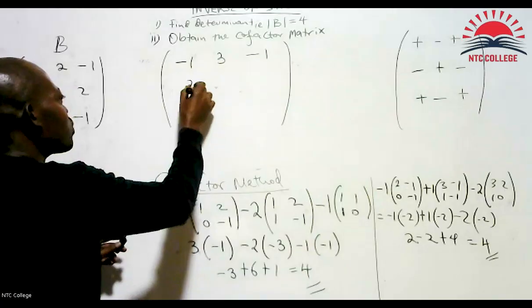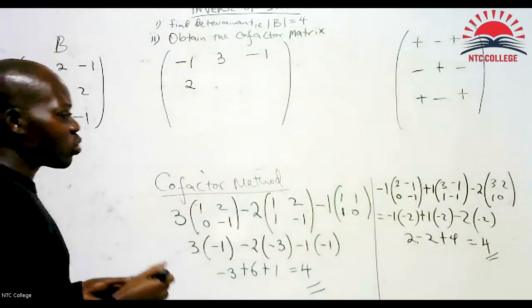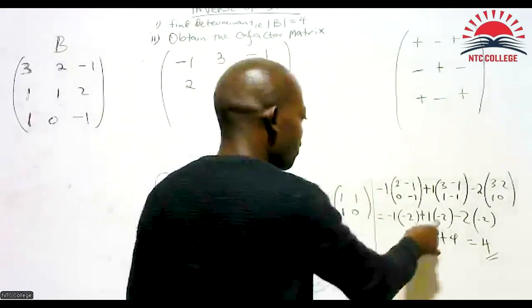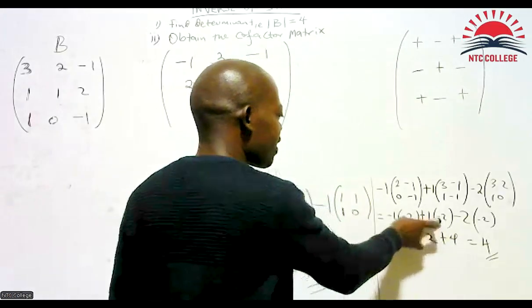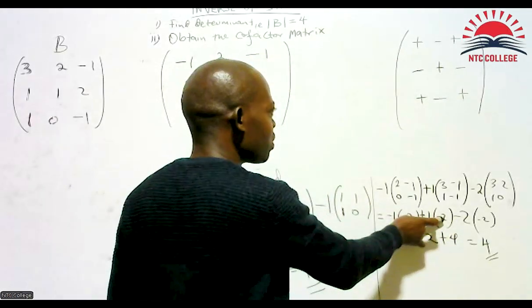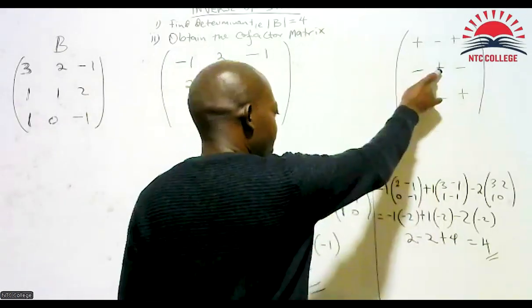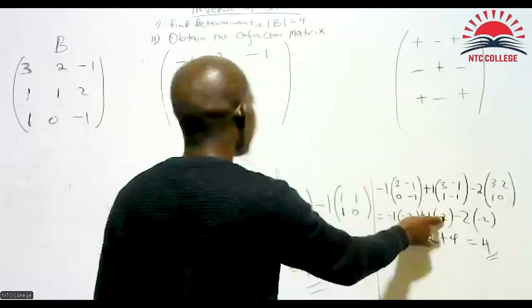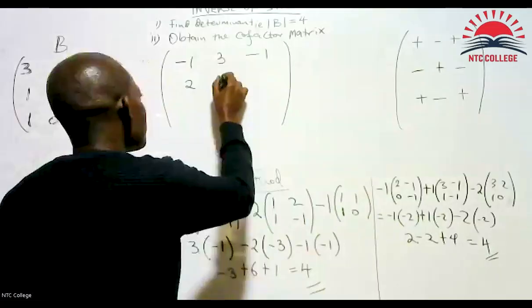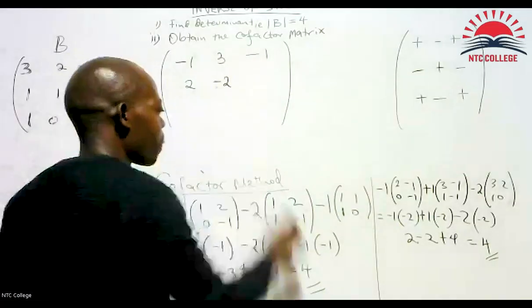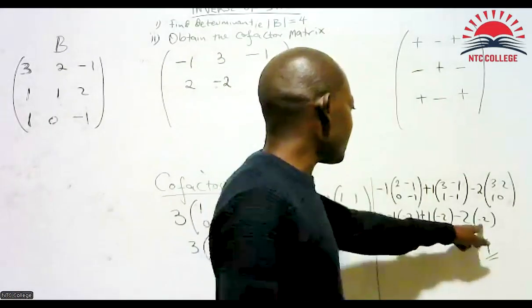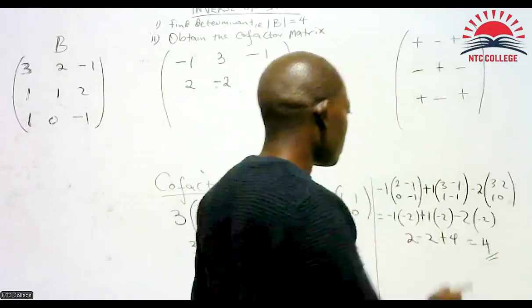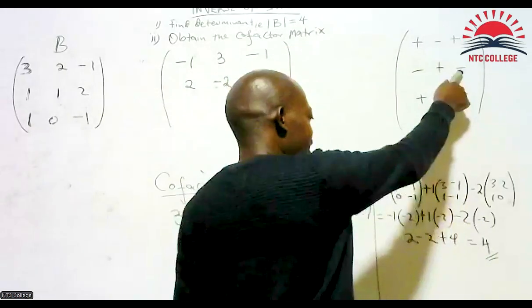So here you have 2 positive in the cofactor matrix. When we proceed here, inside the bracket is still -2, and the sign here is plus. This positive cannot change a negative. It remains -2, like that. The last bracket is -2, but the sign is negative.